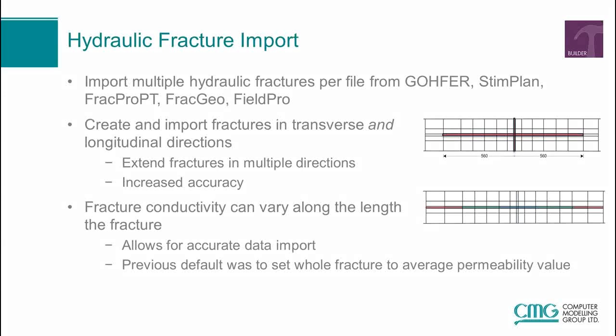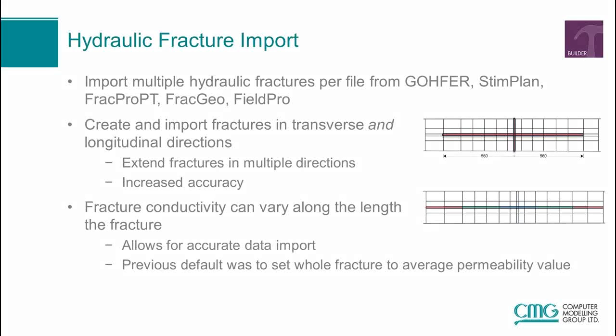We can also create and import fractures in both the transverse and longitudinal directions, which we previously could not do. This helps extend the fractures in multiple directions now, which increases the overall accuracy and matches better to how these other third-party programs were modeling the fracture creations.